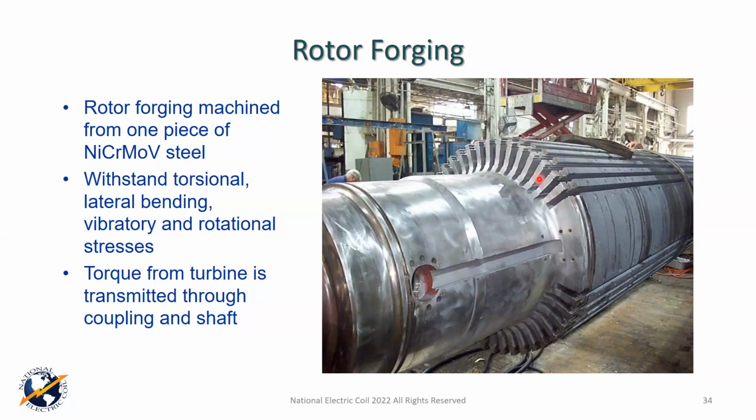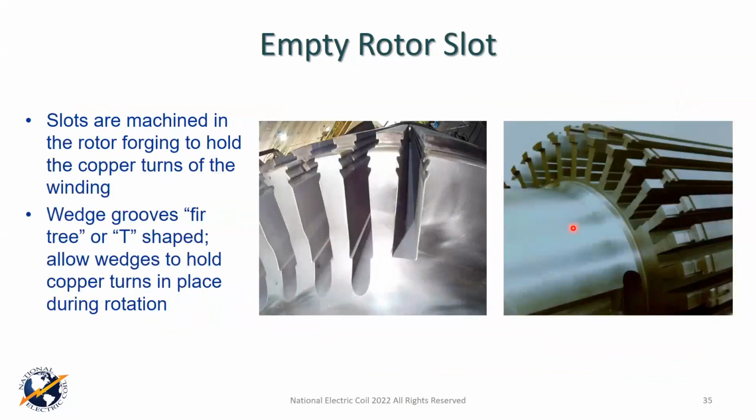There'd be number 2 slot, number 3, and they correspond. Somewhere up in the middle, this half of these slots on this side would go to this pole, as would these, and then the other side would go to the other pole on this 2-pole machine. And so that's basically the forging itself.